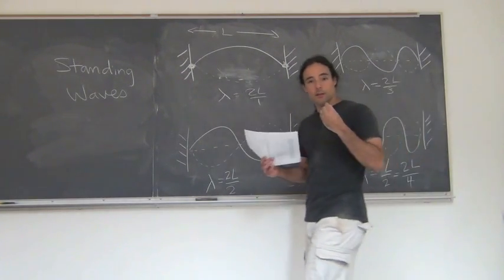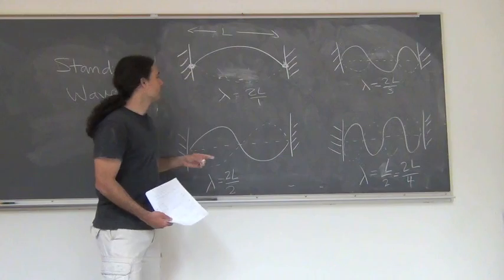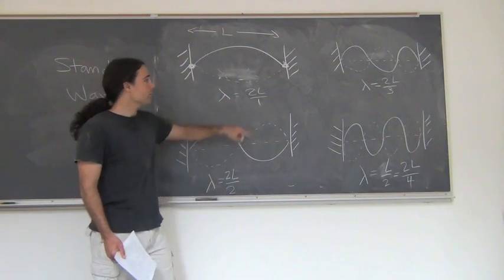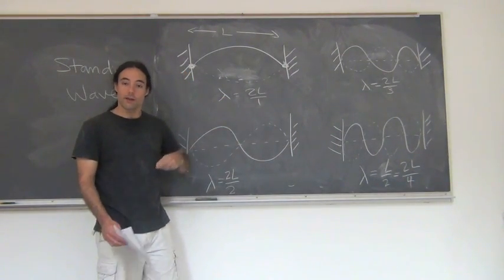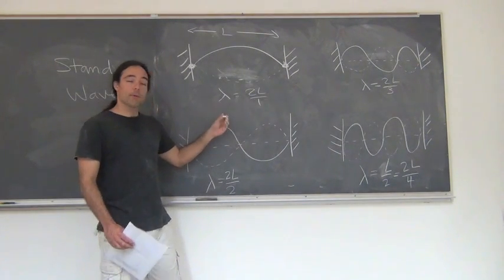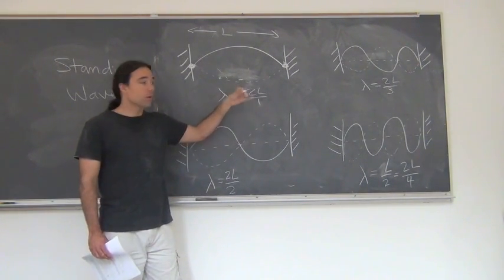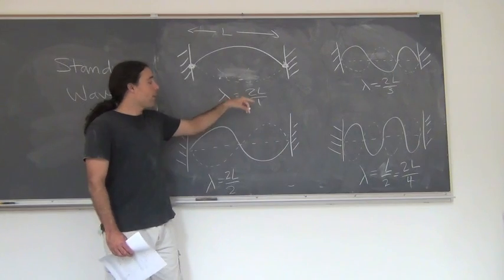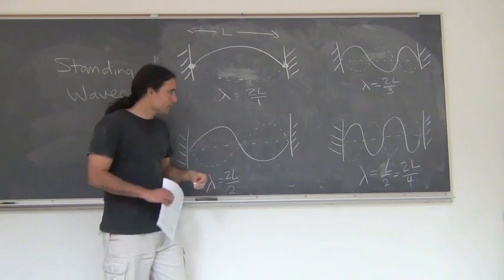By now, you should have caught on to the pattern. I have 2L over 1, 2L over 2, 2L over 3, 2L over 4. Each time I add a new hump in the wave, my wavelength decreases by a certain amount.